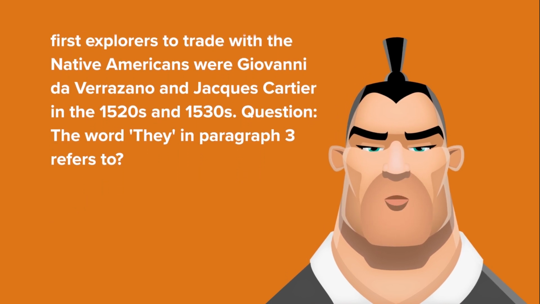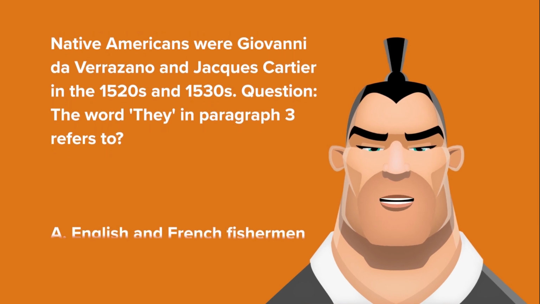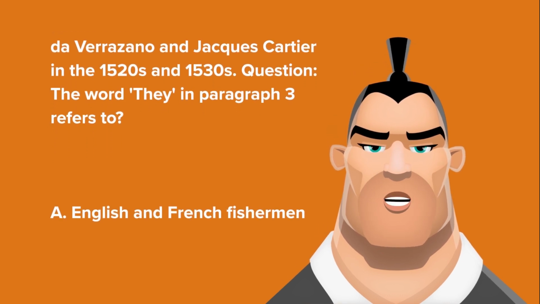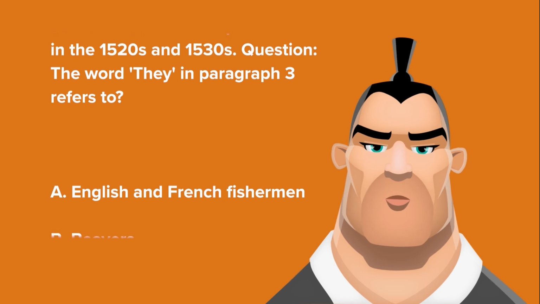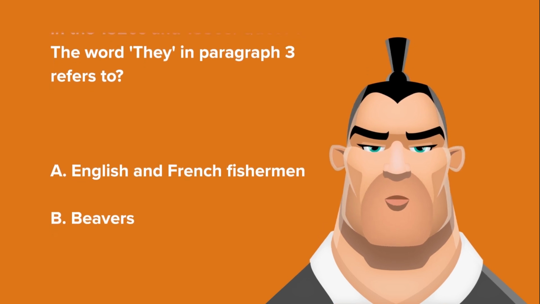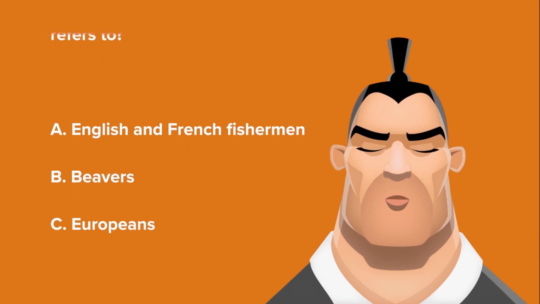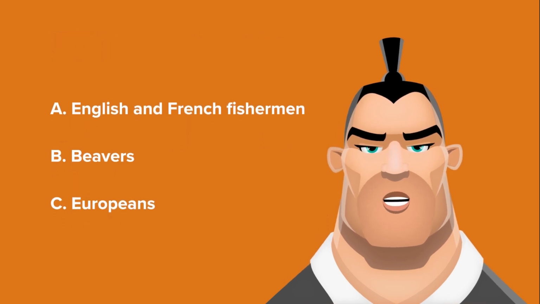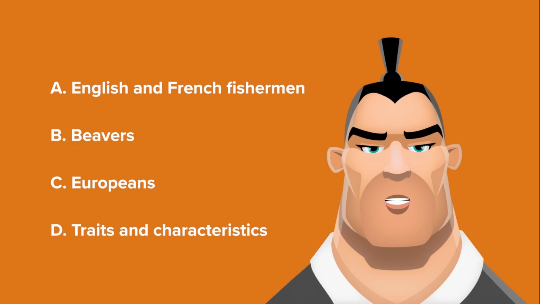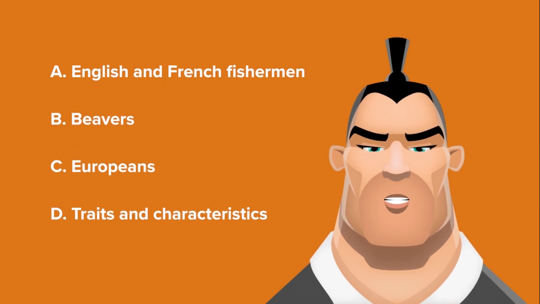Question: the word they in paragraph 3 refers to A. English and French fishermen, B. Beavers, C. Europeans, D. Traits and characteristics. The correct alternative is the answer to the question, who are they, in this case, A.